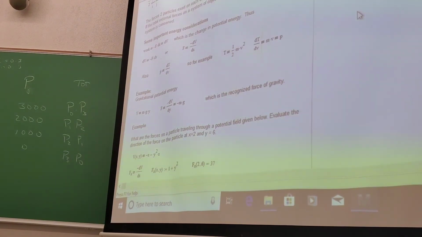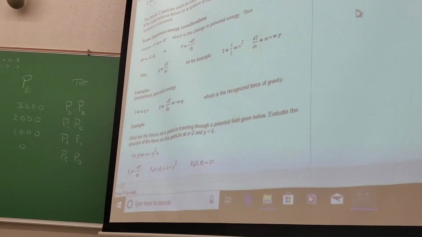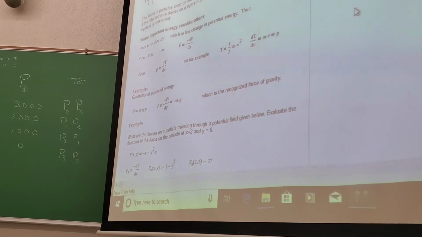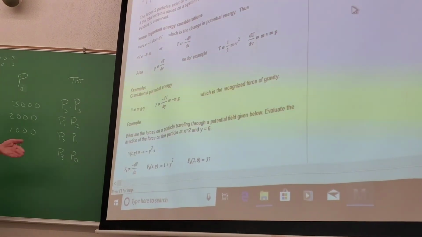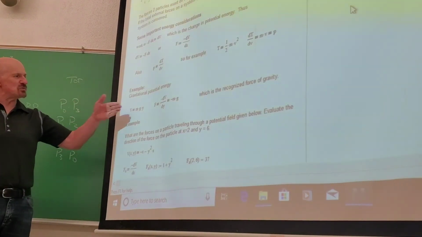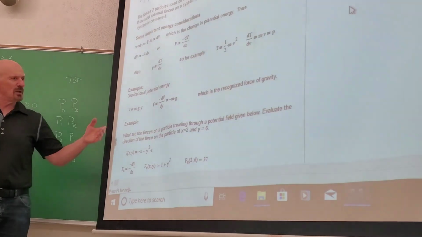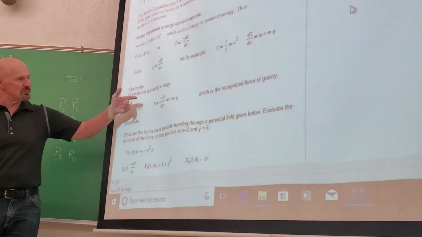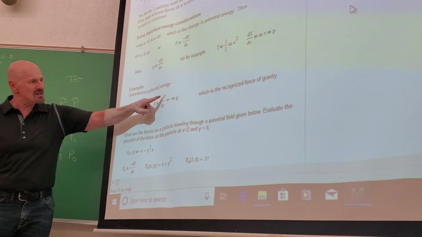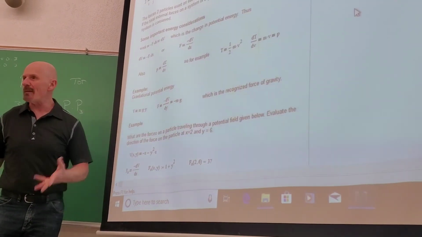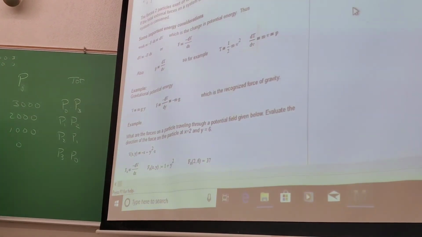So those are the forces, and that's a very important one. And then finally, I use an example of the gravitational potential. The potential energy of gravity is mgy. So what is the force of gravity? It's minus dV/dy, which is minus mass times the acceleration of gravity, mg.